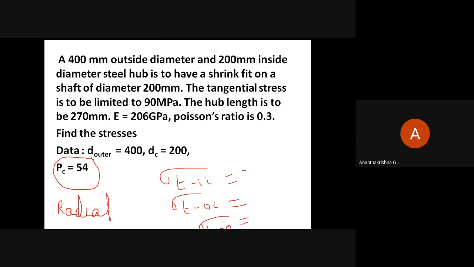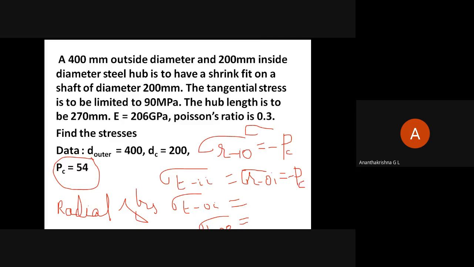Next is radial stresses. Radial stress at inner surface of outer cylinder, sigma r, is equal to minus the contact pressure. Similarly, radial stress at outer surface of inner cylinder is also equal to minus PC, and at the remaining two locations the radial stress is going to be equal to 0.